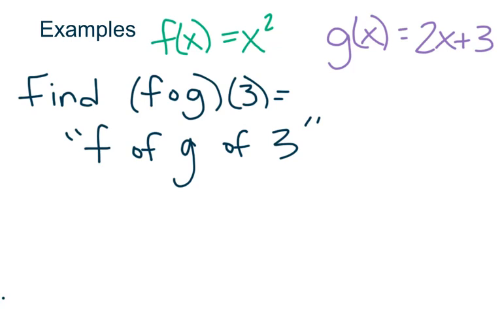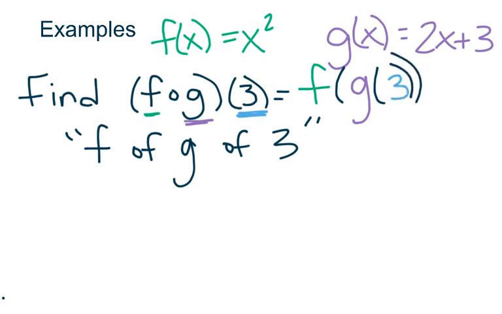Okay, so what this means is, since f is first, it's going to be my outermost function. It's my one in green. And g is second. It's going to be my inner function. And then whatever is right here is what I'm evaluating it at. So I'm going to evaluate it at 3.